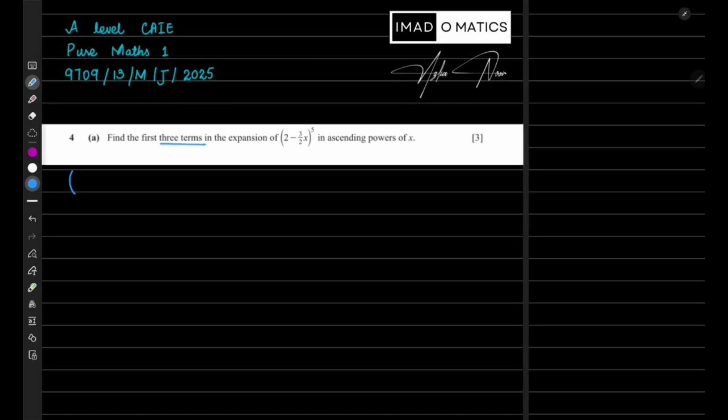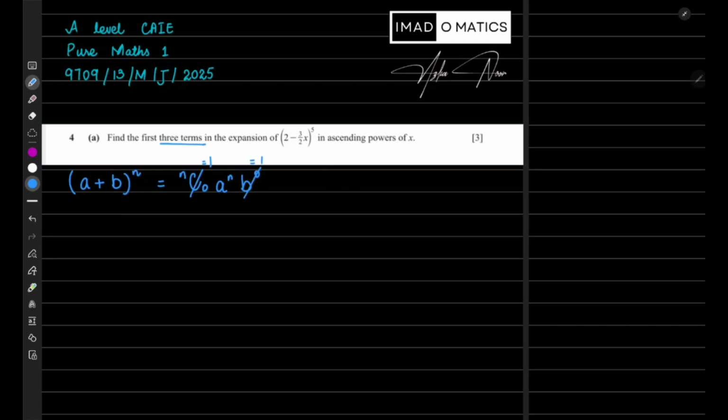binomial expansion. We have (a plus b) to the power n, and (a plus b) whole power n gives you nC0, a to the power n, b to the power 0. So normally we don't write these two because both are equal to 1.